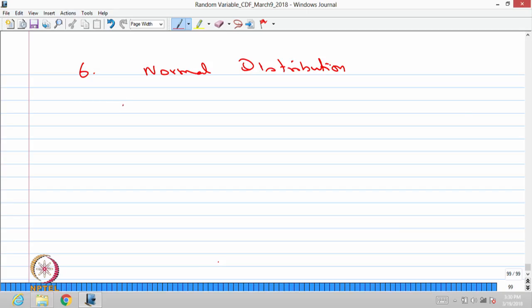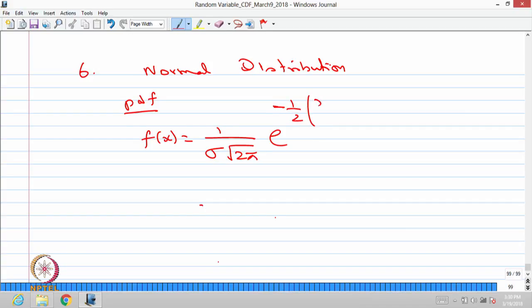A continuous type random variable is said to have a normal distribution whenever the probability density function is of the form 1 divided by sigma times square root of 2 pi, e power minus 1 by 2 times x minus mu divided by sigma, the whole square, where x lies between minus infinity and infinity. This probability density function involves x, mu and sigma.